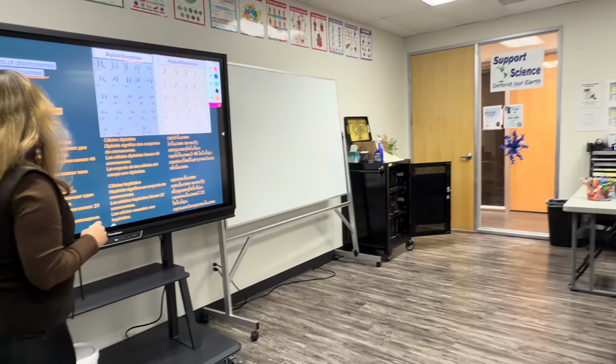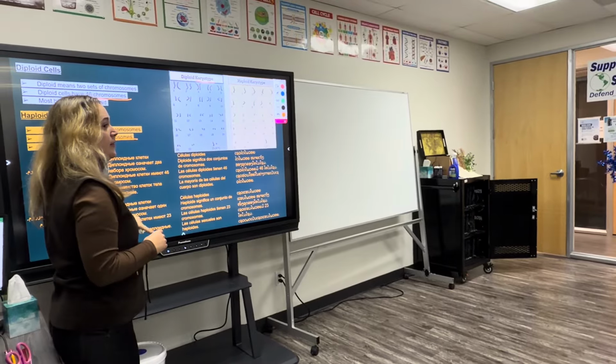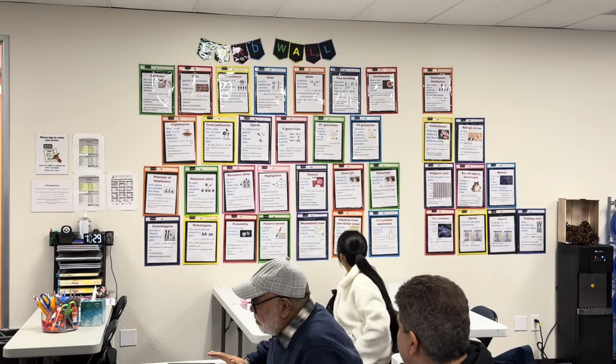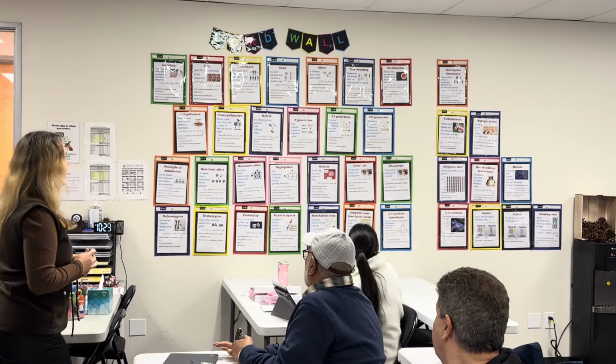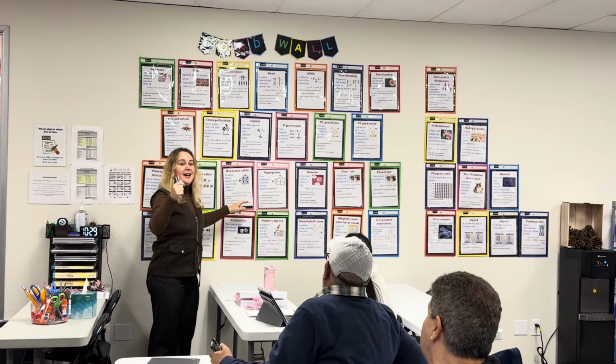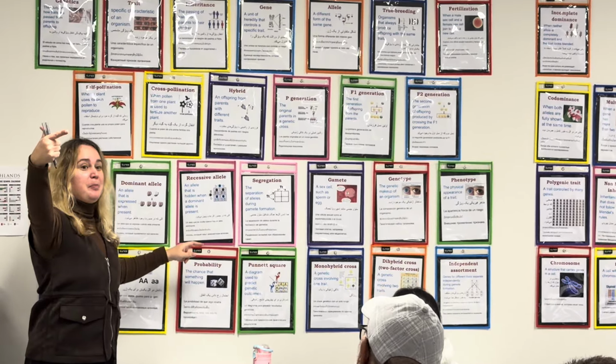Diploid. Homozygous? No. Sex cell. What is another name for sex cell? You can take a look at our word wall. What is another name for our sex cell? Eggs, sperm. Eggs and sperm.